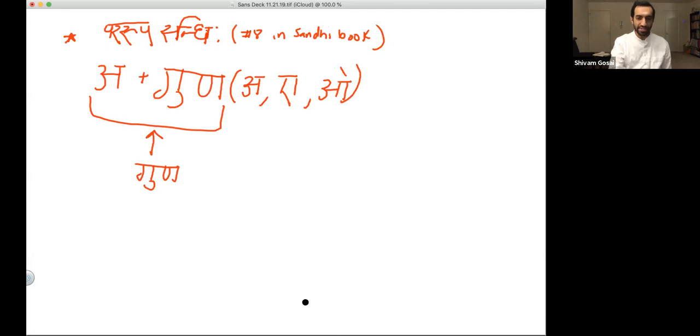Okay, so guna is a technical term which refers to these three letters. So guna is just a name, a grouping of these three letters. So these three friends are called guna: a, e, and o. So a can be next to a, can be next to e, can be next to o, either one.